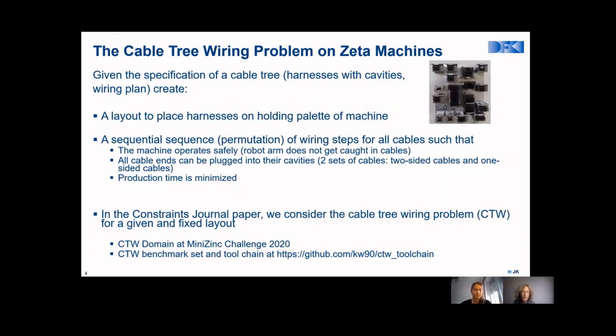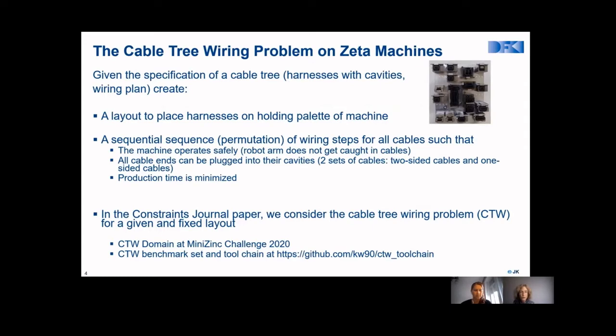Let's look more closely at the cable tree wiring problem on these Zeta machines. Given the specification of a cable tree, which is described by the harnesses with their cavities, given the geometry of these elements and the wiring plan for the cables, we were asked to create two solutions.